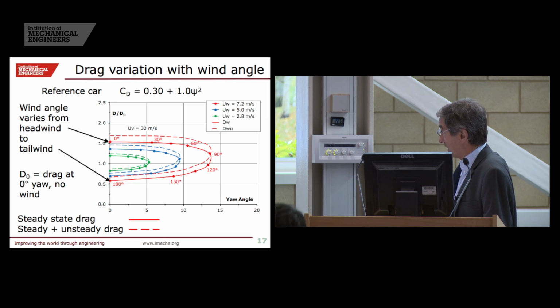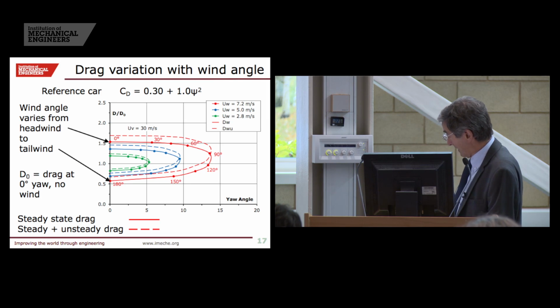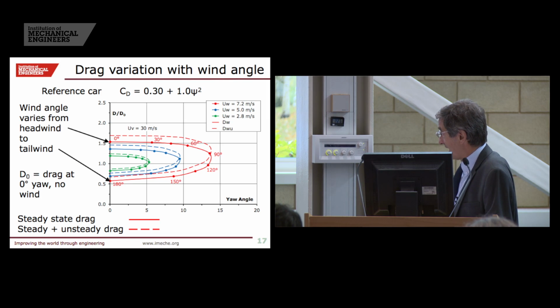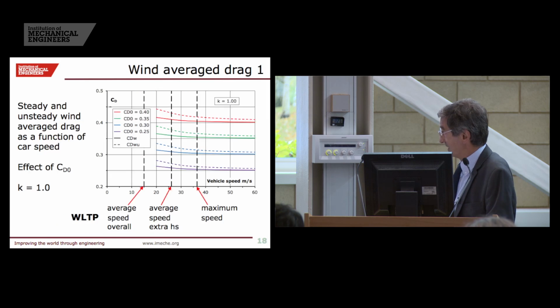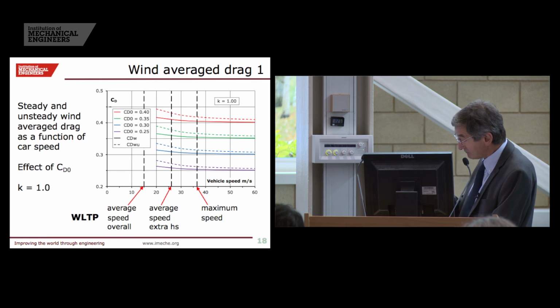And as we go from a headwind round to a crosswind to a tailwind, this is the variation of drag we get, and this effect is increased as the wind velocity is increased.